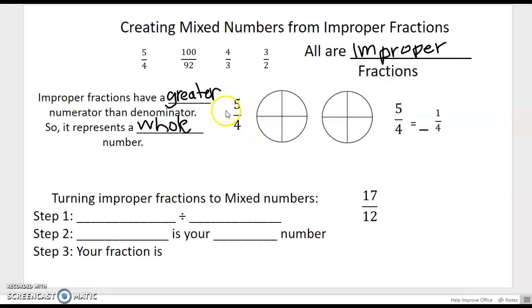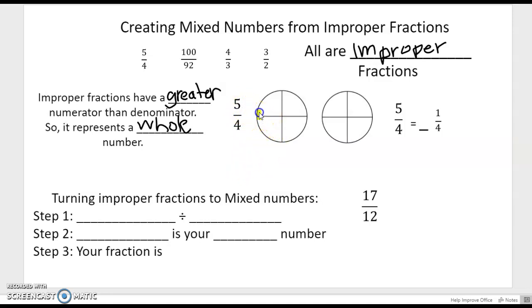Let's take a look at 5/4. I have the fraction 5/4. Of course, the 5 is bigger than the 4. And we are going to model it today with these pies. Because my denominator is 4, that means my pie is broken up into 4 equal pieces. Well, I have 5 pieces of pie.